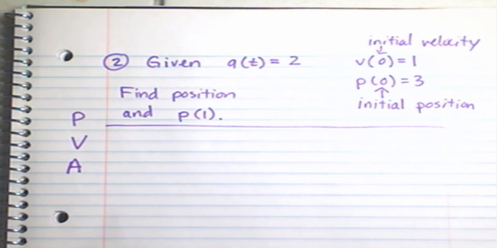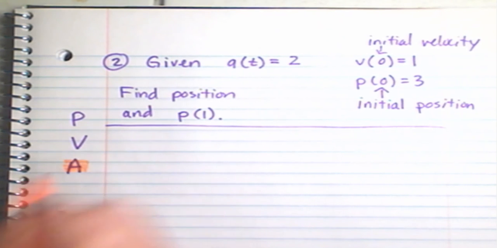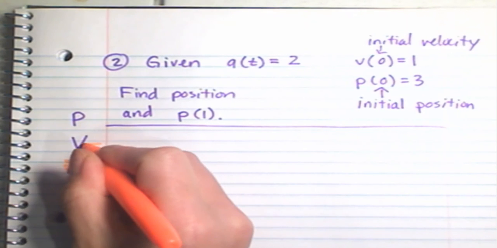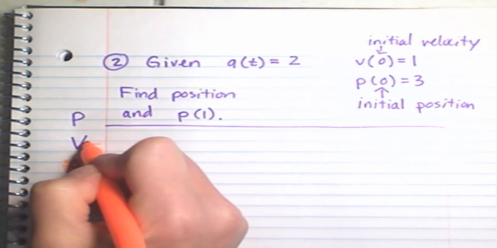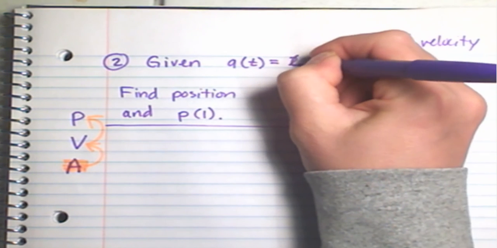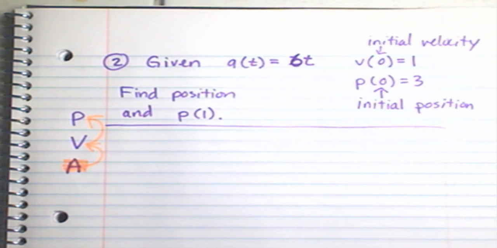And this time I am starting at acceleration, so I need to go backwards, not once, but twice. And I'm actually going to go ahead and change our acceleration to 6t. Sorry for that.